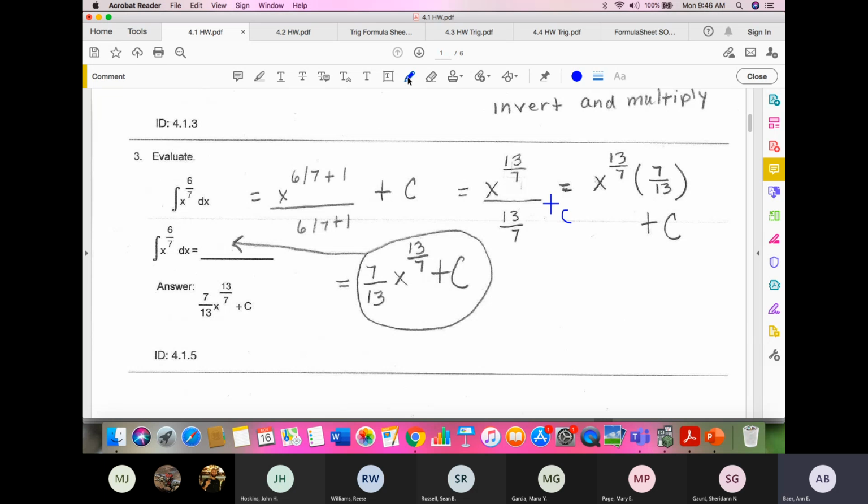If I check, let's go ahead and check this. Remember, we anti-differentiated, so this is the original function at this point.